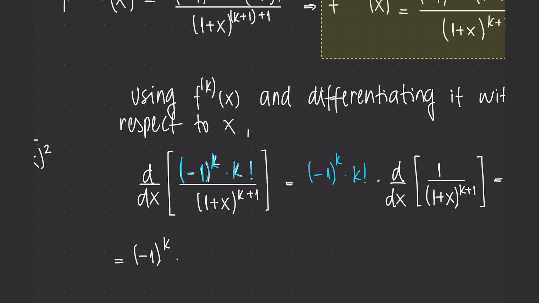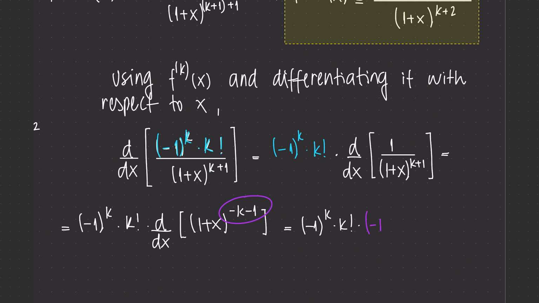Now, knowing that 1 over (1 + x)^(k+1) can be rewritten as (1 + x)^(-(k+1)), which by the way is the same as (1 + x)^(-k-1), we can drop this exponent and subtract 1 over here. So -k - 1 - 1.